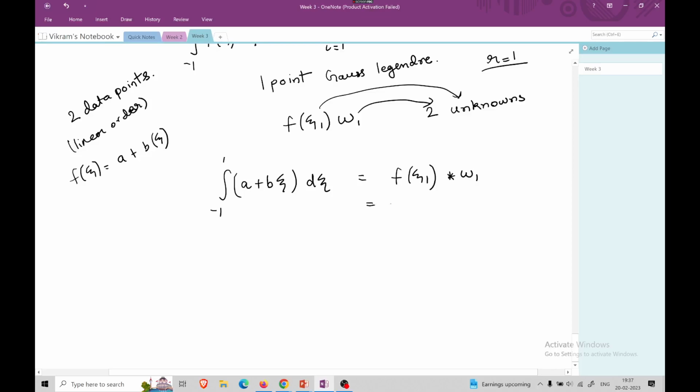So what is f of eta 1? A plus b times eta 1, into w1. So I am going to integrate this: a times d eta gives a times eta from minus 1 to 1, plus b times eta square by 2 from minus 1 to 1, is equal to a w1 plus b w1 eta 1.